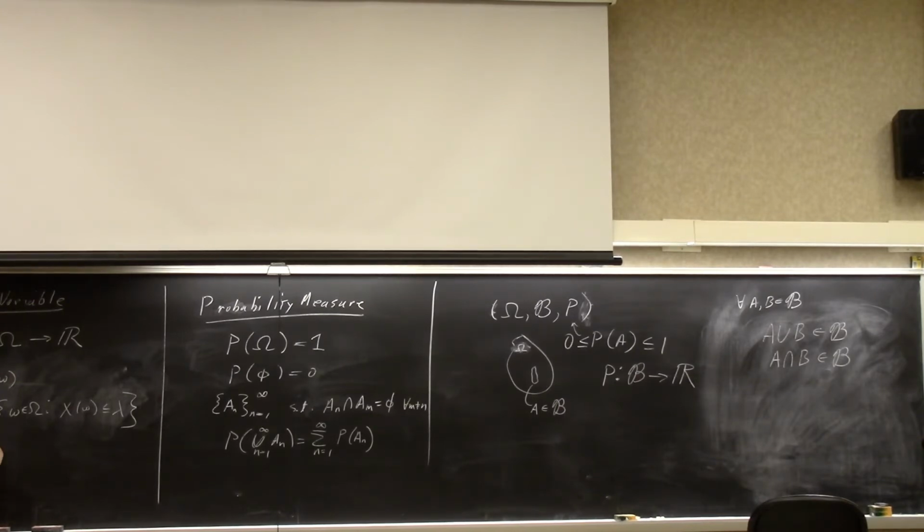The way we write that is the probability of X less than or equal to lambda. Because it's too much trouble to write this all the time. X is a random variable; lambda here is not a random variable.